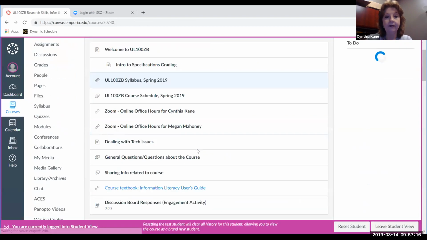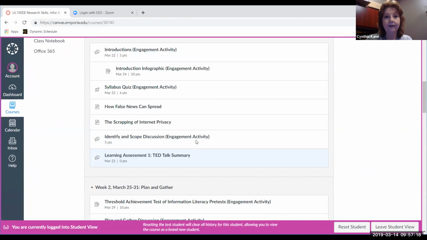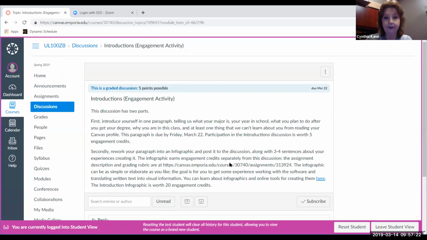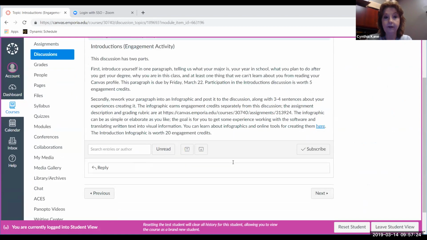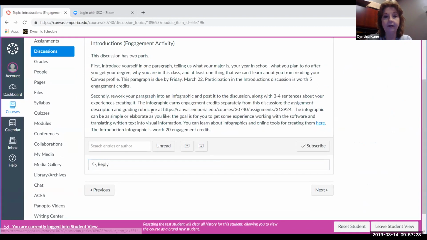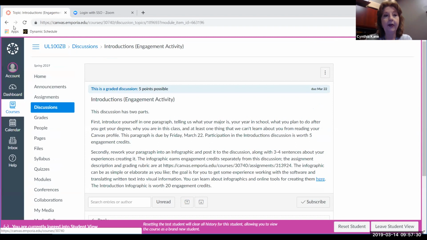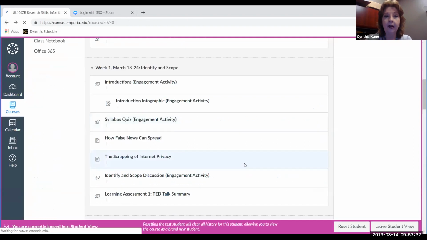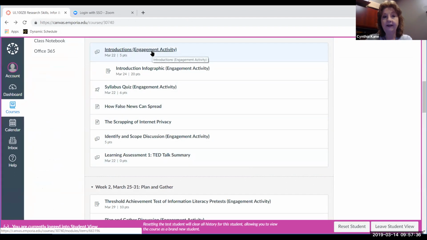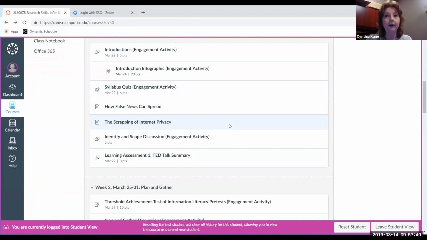We'll go back to the introductions, and you can post your infographic here. Again, though, this is all dependent on what you choose to do. You might choose to do just the introductions and not the infographic. Remember, it all depends upon the total number of engagement activities that you would like to do.